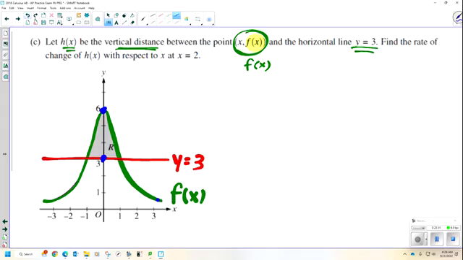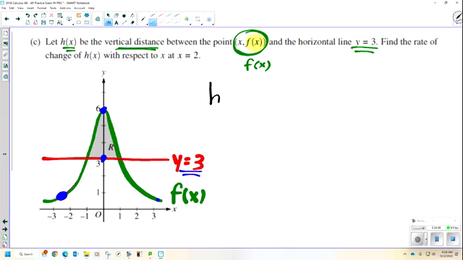So what I'm going to do is start with my y equals 3, and it depends where my point is on the f function. If I got this point right here, the distance from there is obviously different than the distance from that blue point to y equals 3. So y equals 3 is the constant. F of x is what might change. So I'm going to start with what I know is a constant, meaning 3.